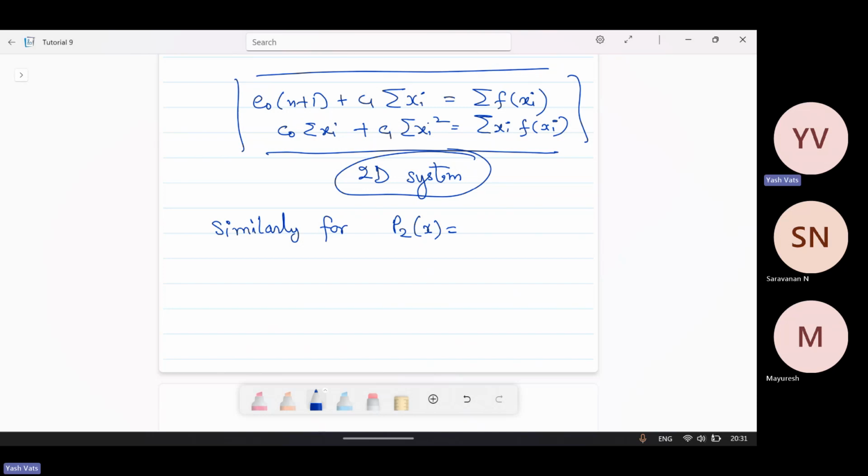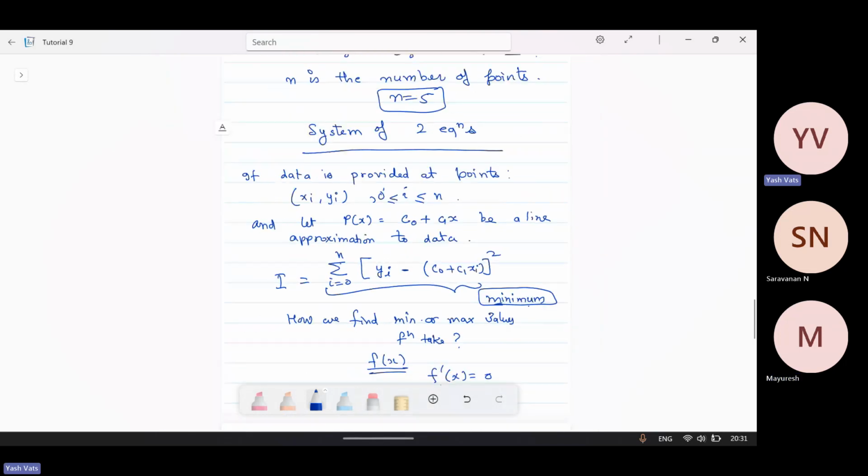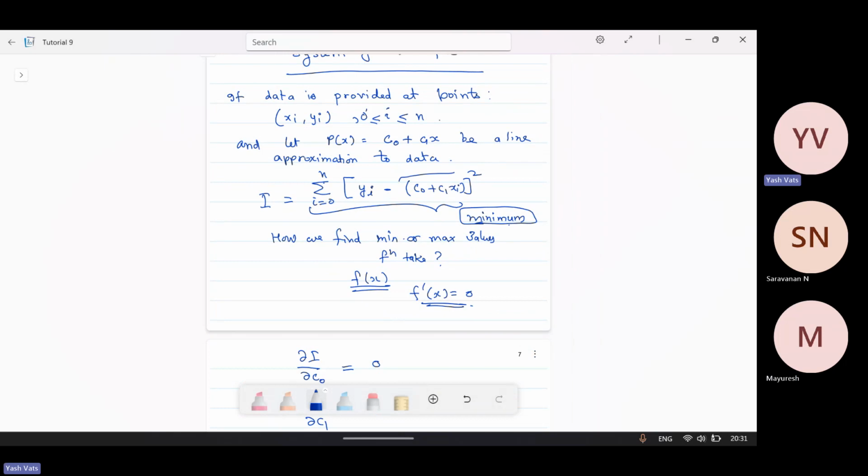If P2(x) is like this one, c0 plus c1 x plus c2 x squared, can you do it for that? Just try this same proof with, instead of the line, your second degree polynomial.